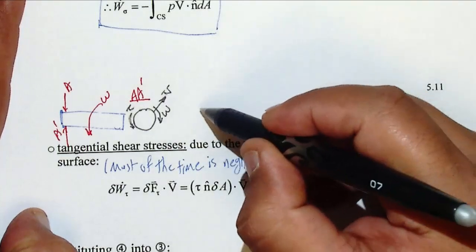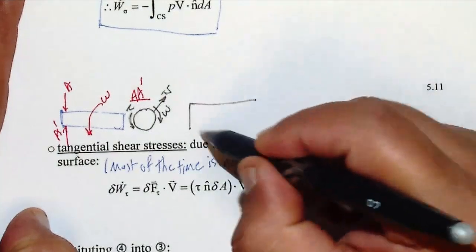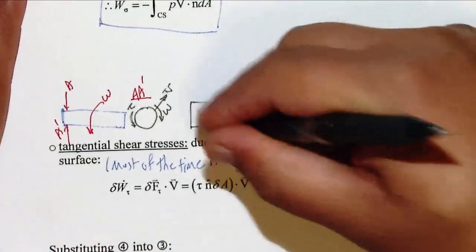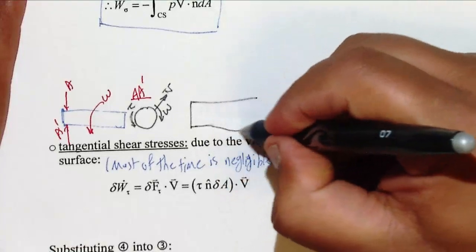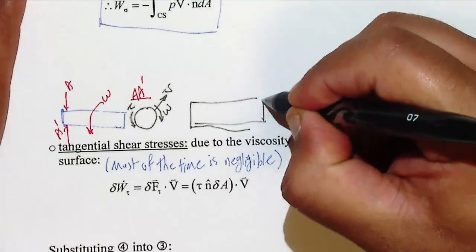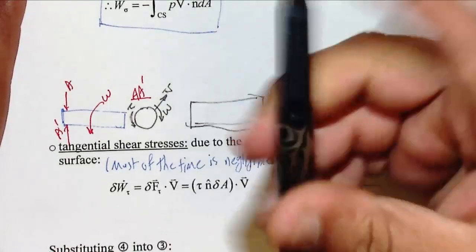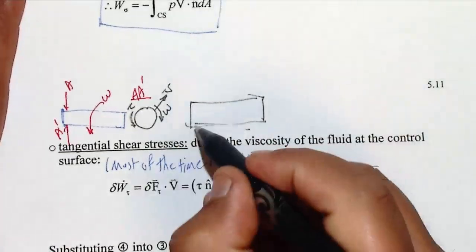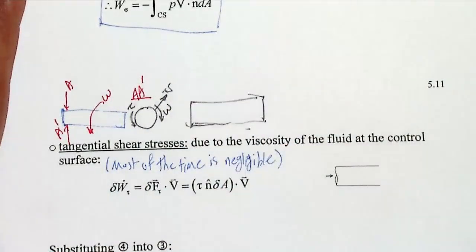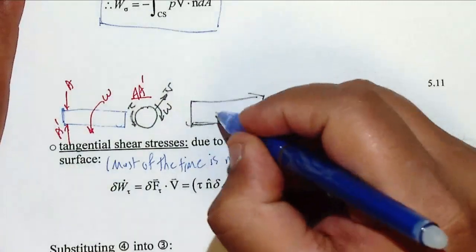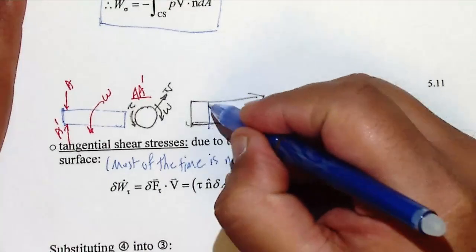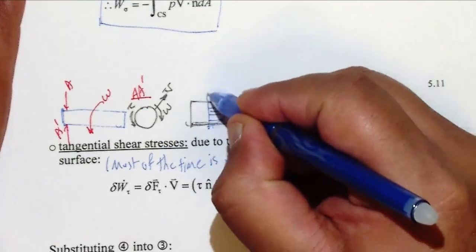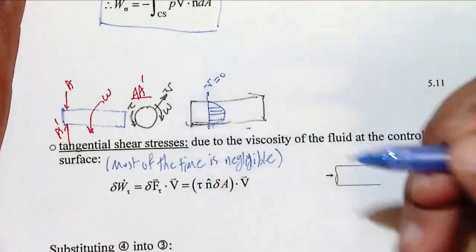Or let's check the pipes. In the pipe, you have a velocity profile, right? If that's your pipe, then that would be your velocity profile in general. And here you have V equal to 0, right?